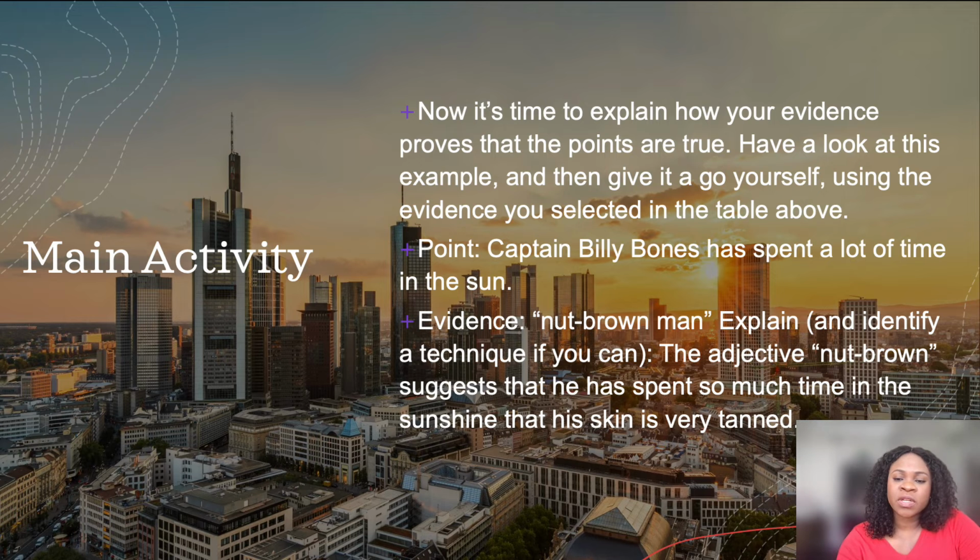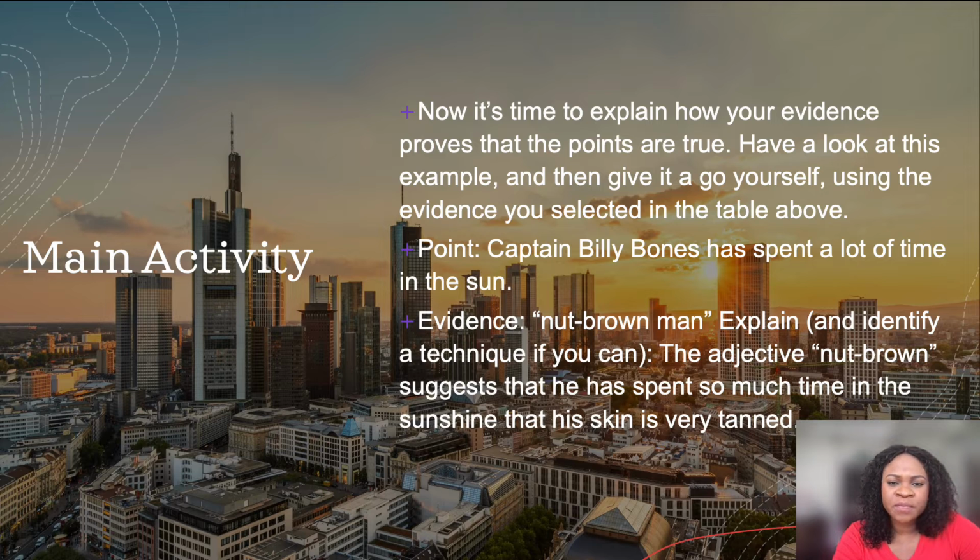And for the next activity that I'd like you to do, I'd like you to explain how your evidence proves that the points are true, because it's one thing to talk about the points and find evidence to support them. It's also another thing to try to prove that the evidence in fact points to the fact that the points are true.